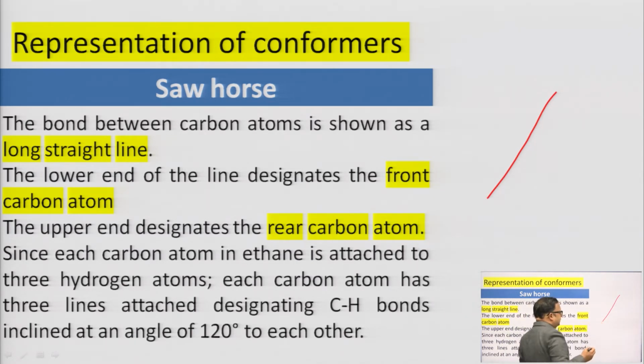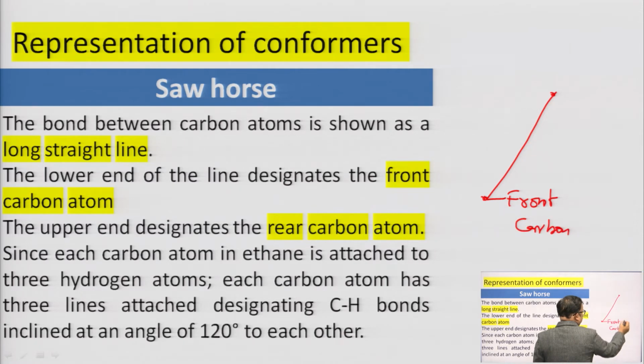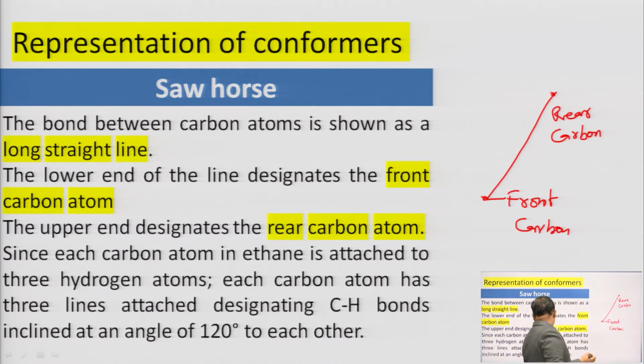The lower end of this line is representing the front carbon atom, and the upper end is designating the rear carbon atom. So, this is the front carbon and this is the rear carbon.